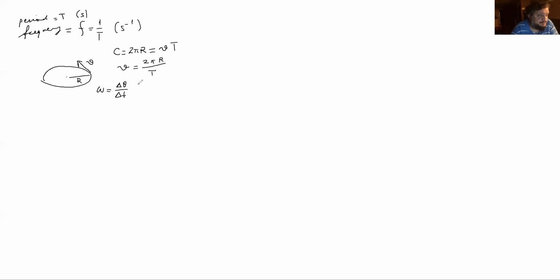In that case, this will be equal to omega times r. 2 pi over T will simply be equal to omega. But now this relation is true for any kind of acceleration situation. Right now a is 0, but what if a was not 0? What if it was speeding up? We could still write this relation.